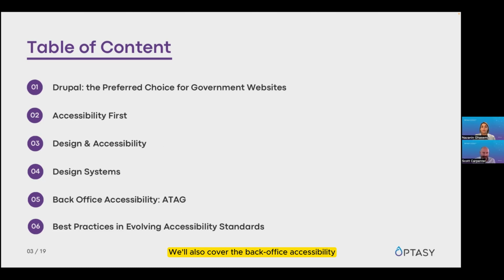We'll also cover the back office accessibility with ATAG. Finally, we will wrap this session up with the best practices with evolving accessibility standards, and we'll shortly explain how we at OPTASY, based on years of working with different government organizations, can help elevate government and civic websites to improve their performance.